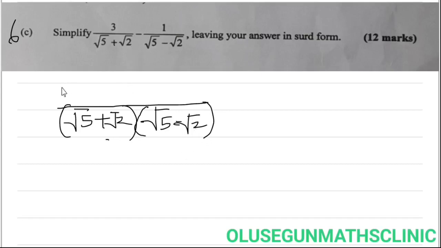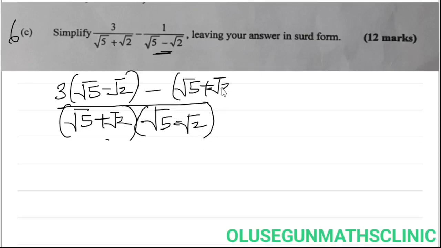We have, but still remain, 3 times root 5 minus root 2. Now minus, by the time this cancels this to remain plus, so minus root 5 plus root 2. Therefore, let's expand.